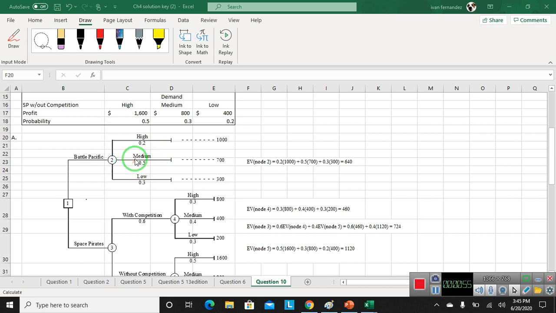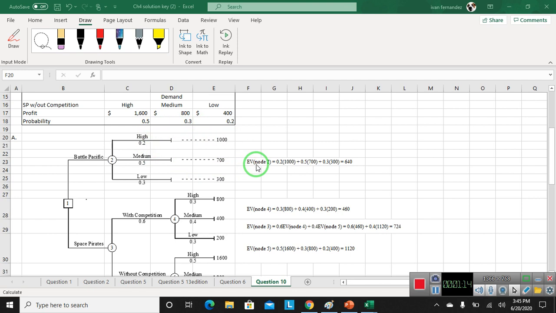So to find the expected value at this node, and that's what you're doing, right? You go from right to left, finding the expected values at each of the nodes. You're going to multiply the probabilities times the payout, and then you're going to add them together.